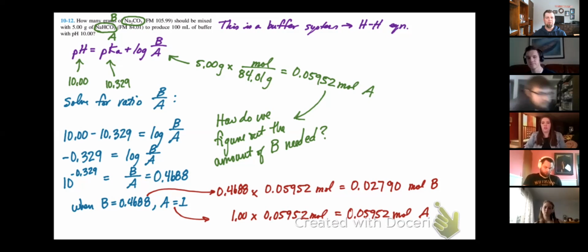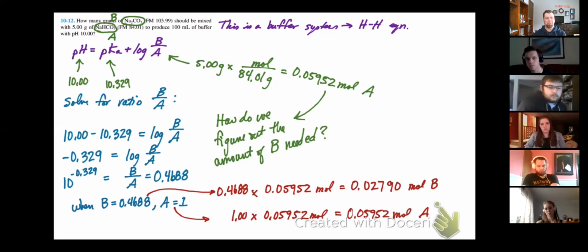Now this is a different application than what we saw before, where we had to add the two values together. And I had to pause while I was solving the problem to think about why that might be the case. What I realized was that we have two different sources of our carbonate here. So while ultimately our formula concentration is going to equal the 1.4688 coming out of that ratio, we don't yet have all of that in solution.